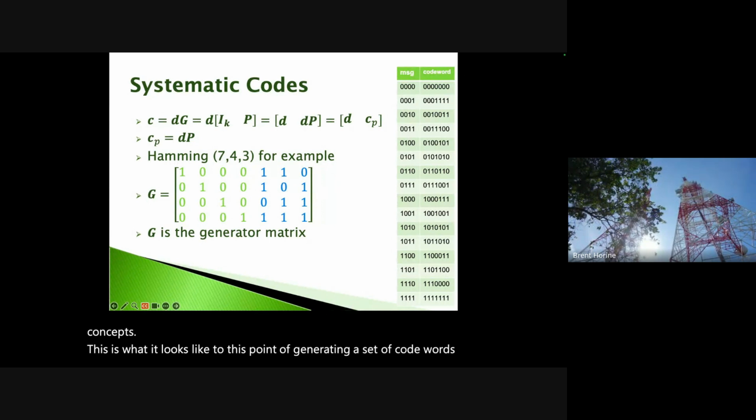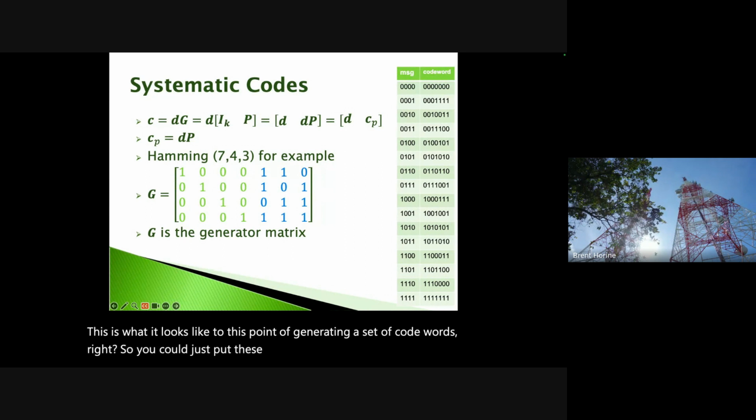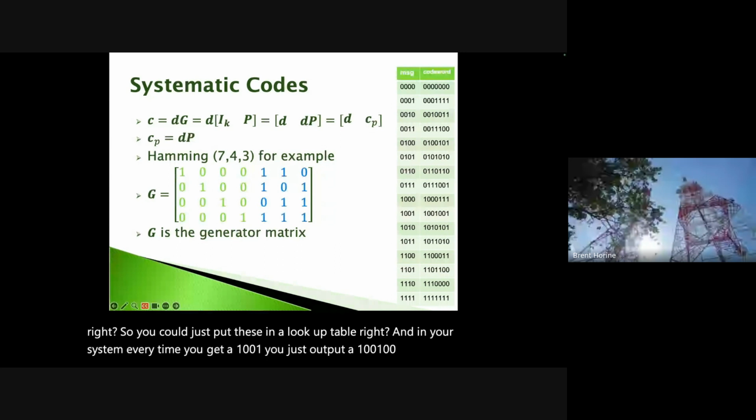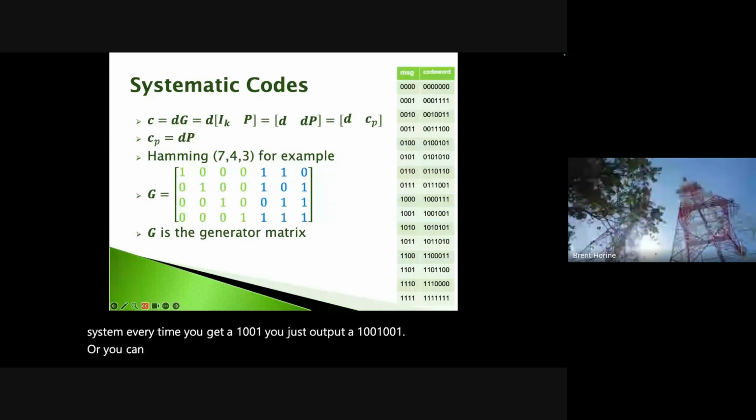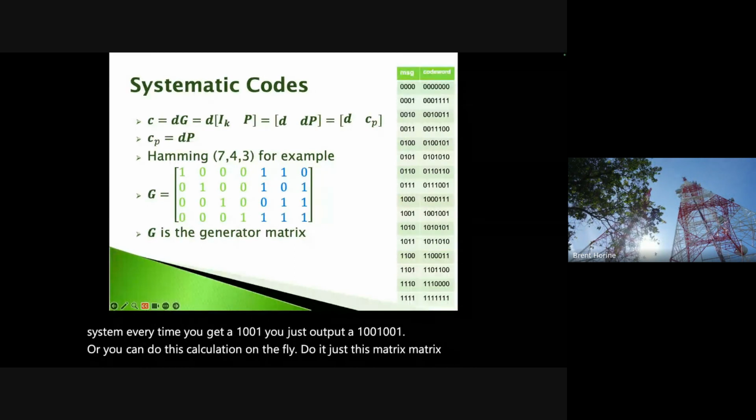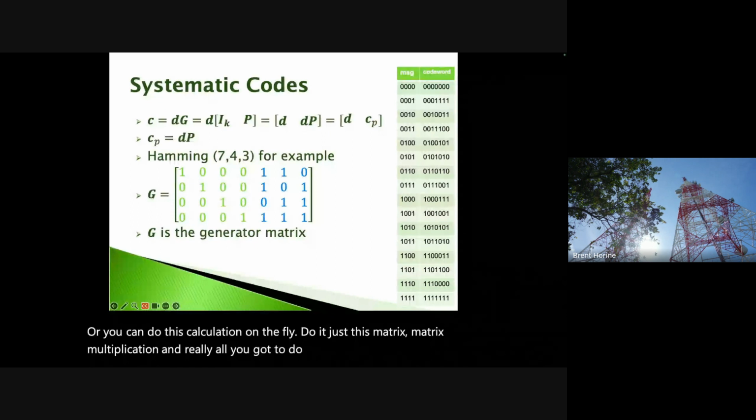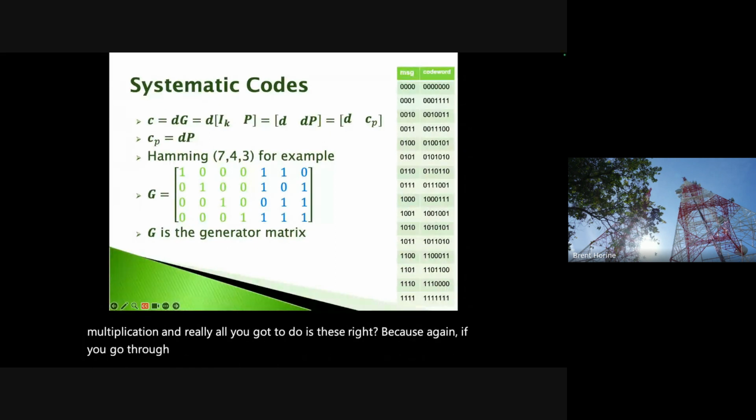This is what it looks like to this point of generating a set of code words. You could just put these in a lookup table, and in your system, every time you get a 1001, you just output a 1001001. Or you can do this calculation on the fly, just this matrix multiplication. If you go through this table, we'll just pick the 0101.